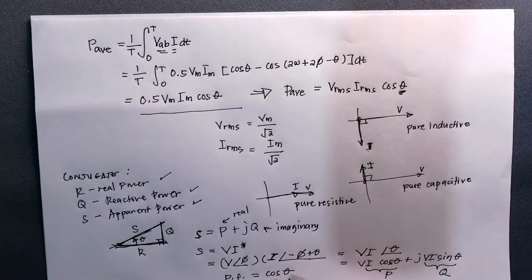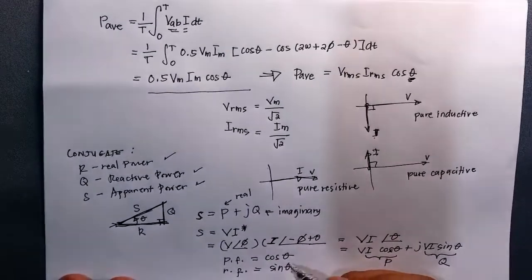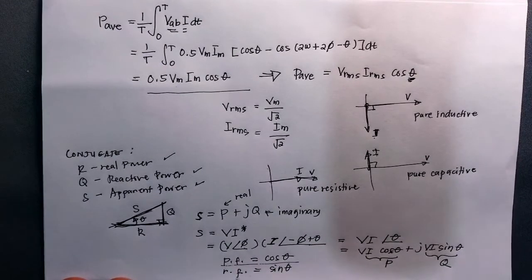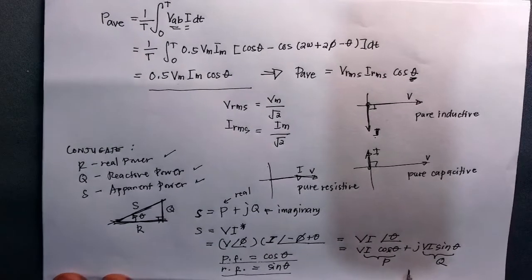Okay, so we will use this soon. Okay, so I am writing this one. This is the power factor and this is the reactive factor. So it is written here for the real power term and for the reactive power term.